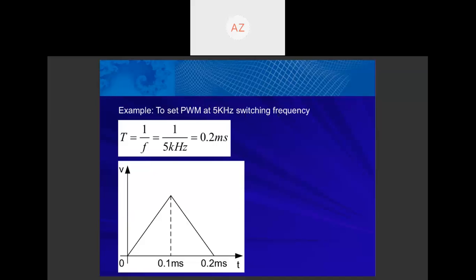So how does it work? Based on this equation, T equals 1 over F. T is the time for one full cycle, equals 1 over F, where F is the frequency, in this example the switching frequency. Let's say we set the switching frequency to 5 kilohertz.